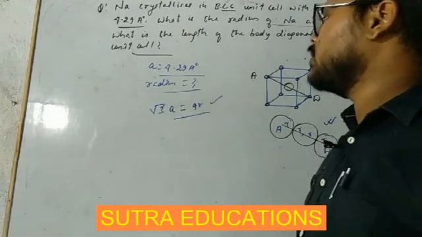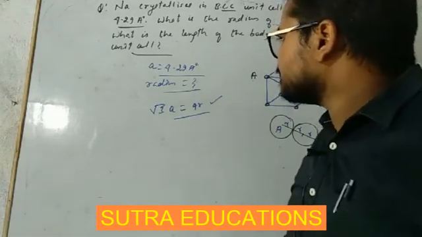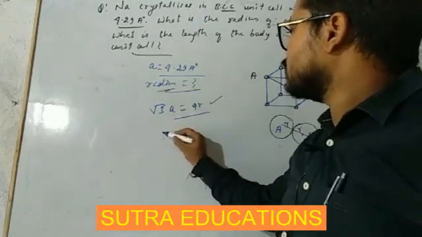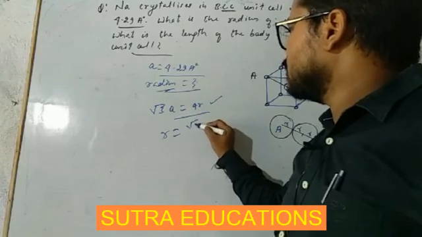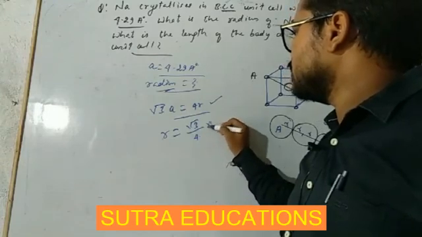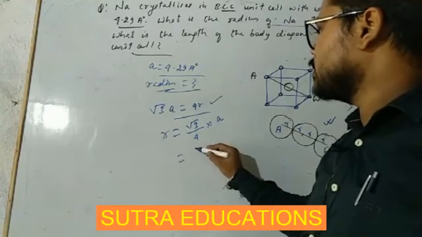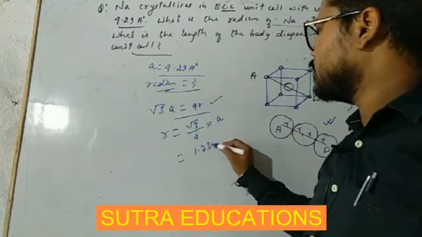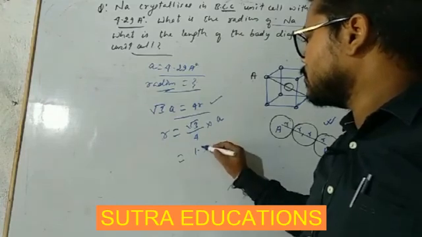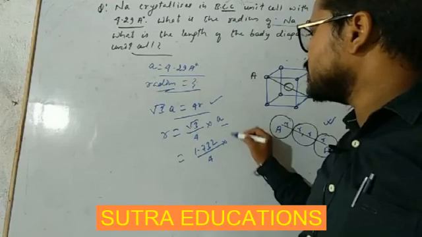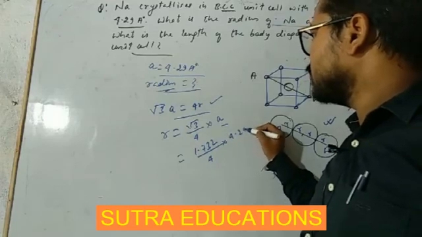So from here, we have to find out r. So r will be equal to root 3 by 4 into a. Root 3 is 1.732 upon 4 into a, and a is given as 4.29 angstrom.